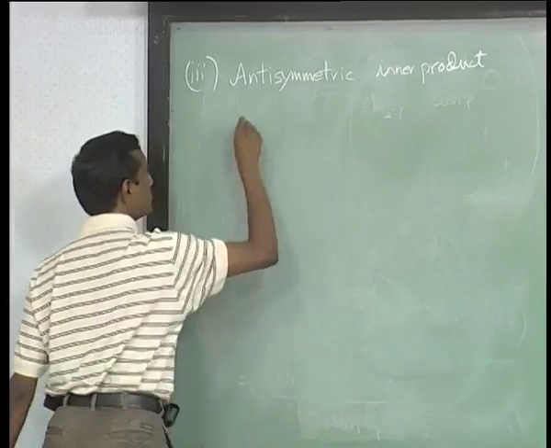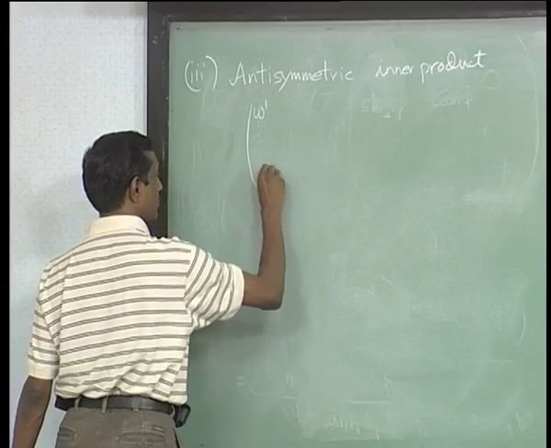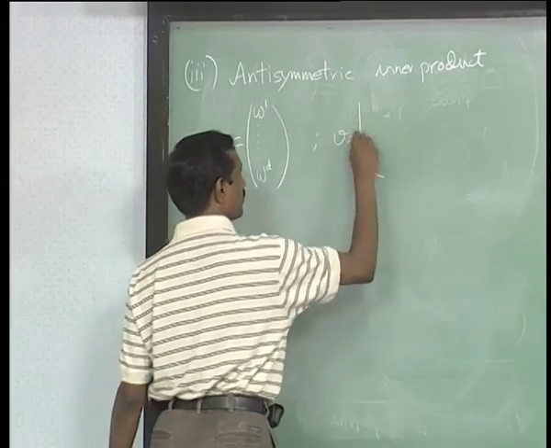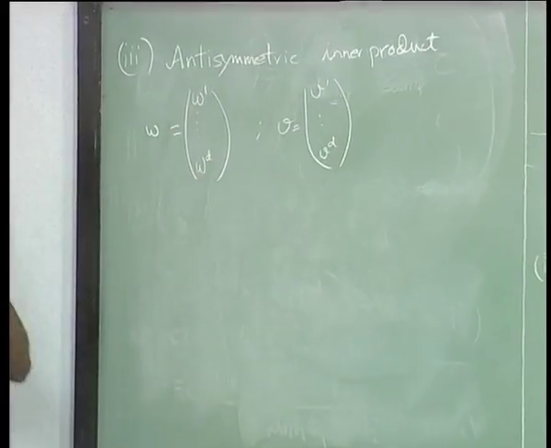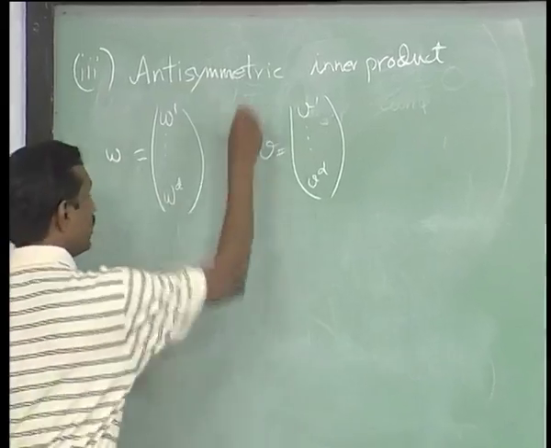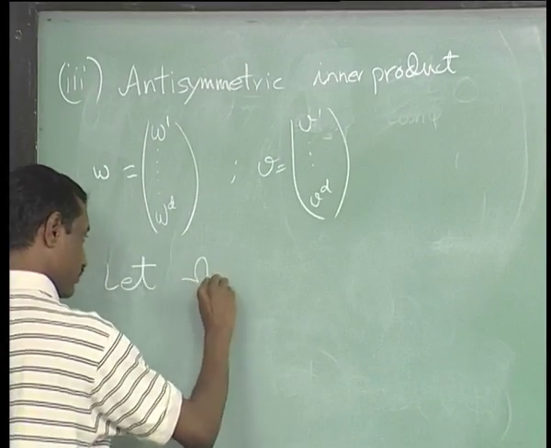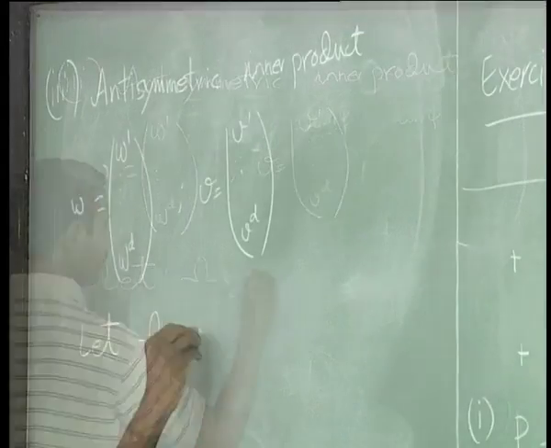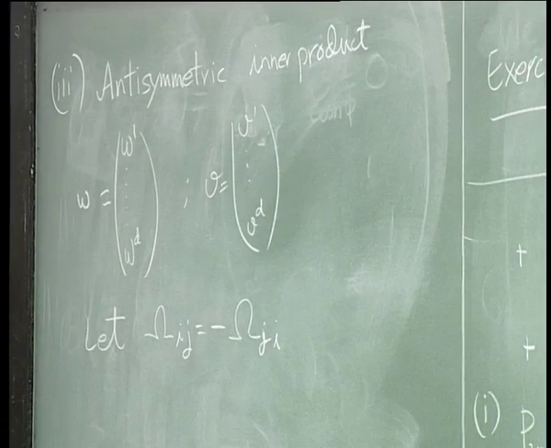Suppose I have two such vectors, W and V, and let omega be antisymmetric.